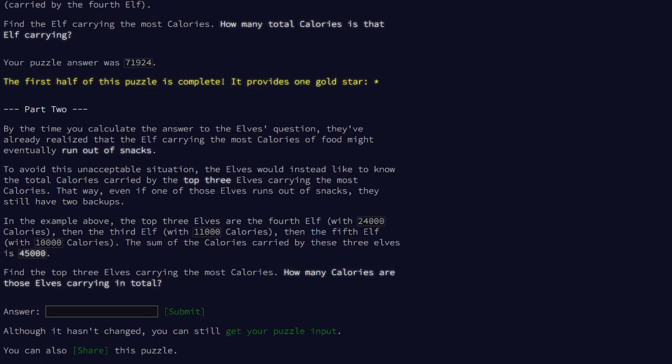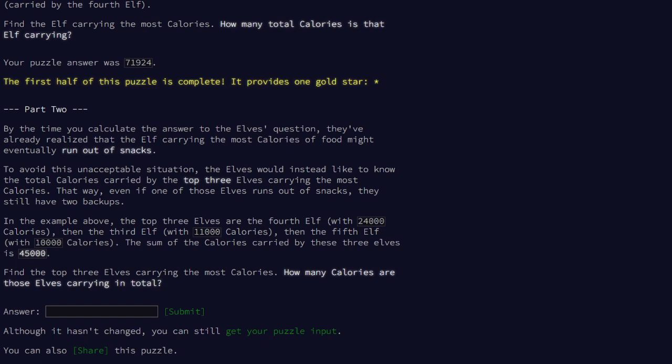So now we just have to iterate through each of these numbers and create a new list. Okay, create a new list of numbers. No, actually, sort the array in ascending order.